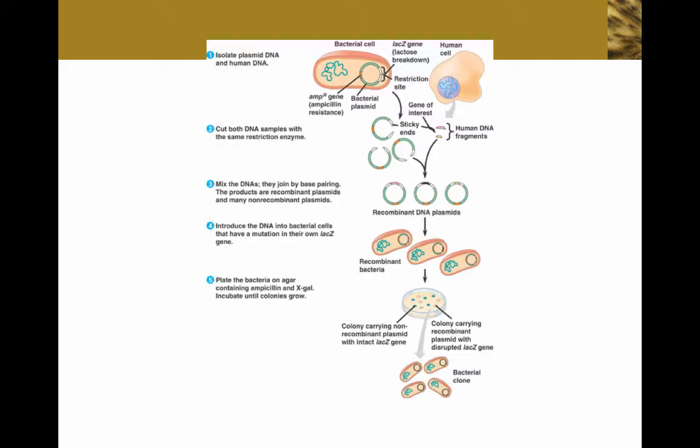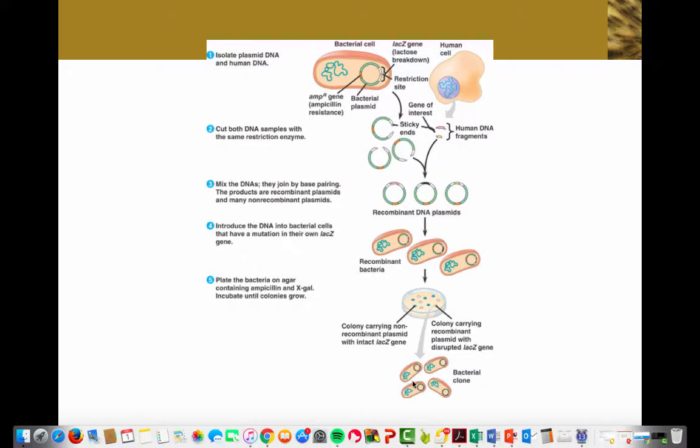So how all this works when you put it together, guys, right? So this is chromosomal DNA. This is the plasmid DNA, right? And so basically you're going to isolate this plasmid DNA, which means you're going to take it out of this bacteria. And then you're going to isolate the human DNA.